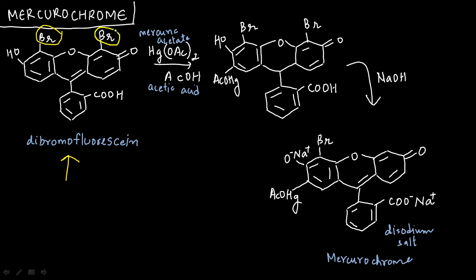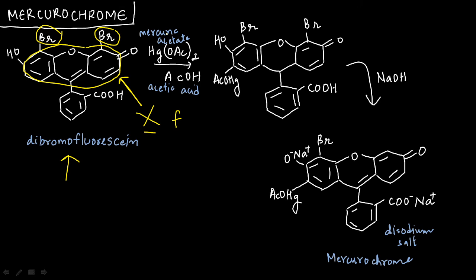So these syntheses are quite easy, because the basic structure is the same: the xanthene ring is the main crux of this dye. This is the X factor of the xanthene dye. This is all you need to remember.